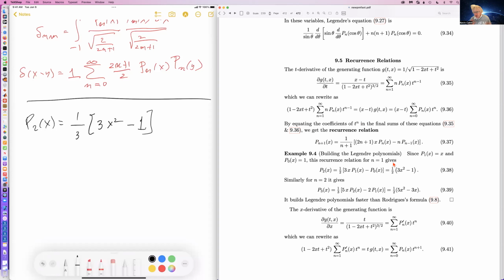They don't use Rodrigues's formula, and they don't do what we were doing in the very beginning of using the two conditions and figuring out what all the coefficients are. They use this recurrence relation.